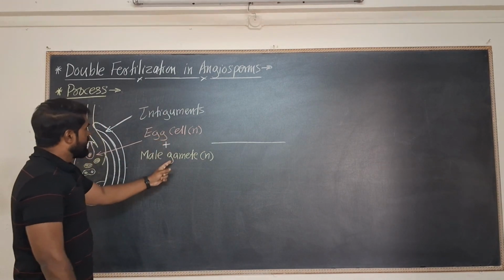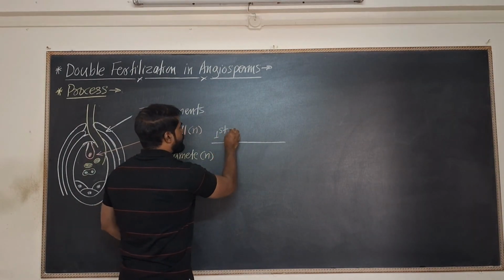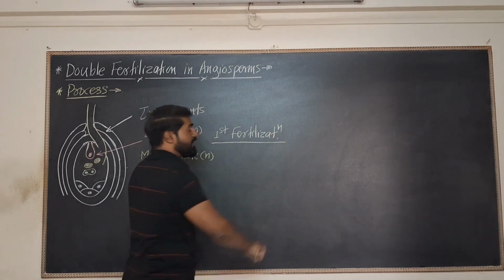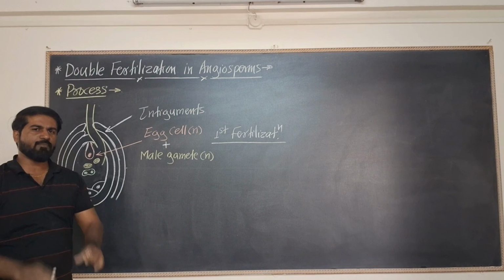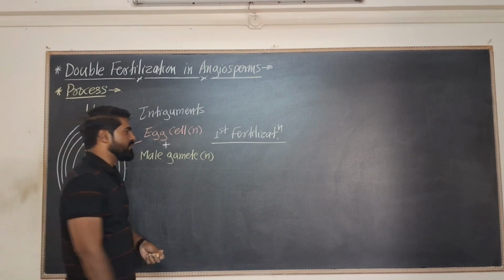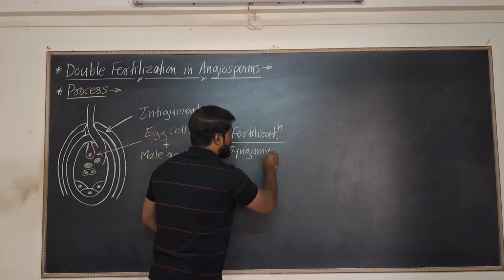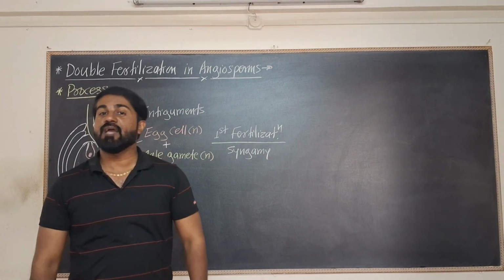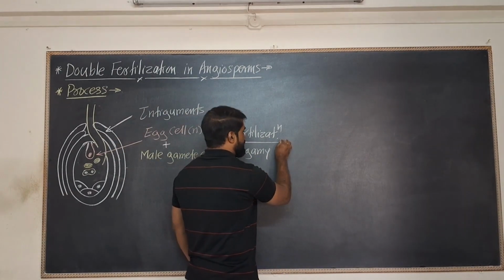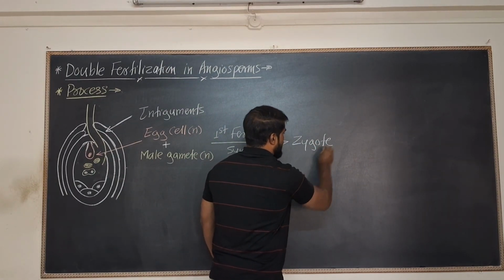Therefore, the union of egg cell with the male gamete is called as first fertilization. It is the normal type of fertilization, and as union of male and female gametes takes place, it is also called as syngamy. Syn means union and gamy means gametes. That means union of gametes is called as syngamy. After the first fertilization, it will result into formation of a zygote.